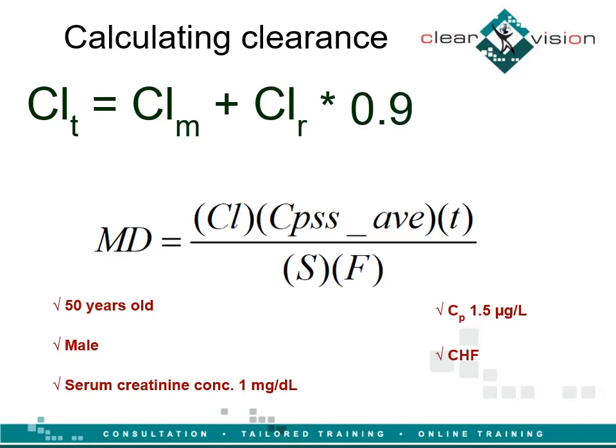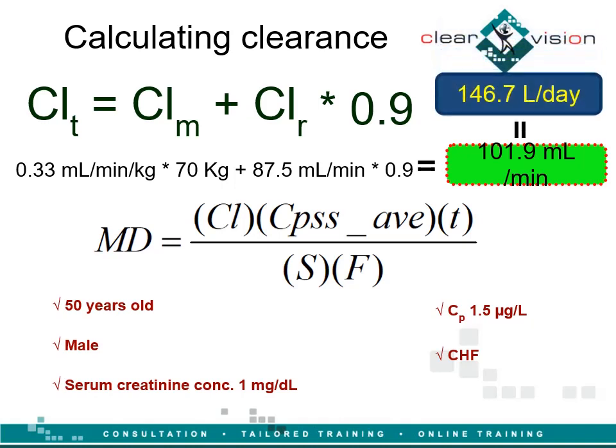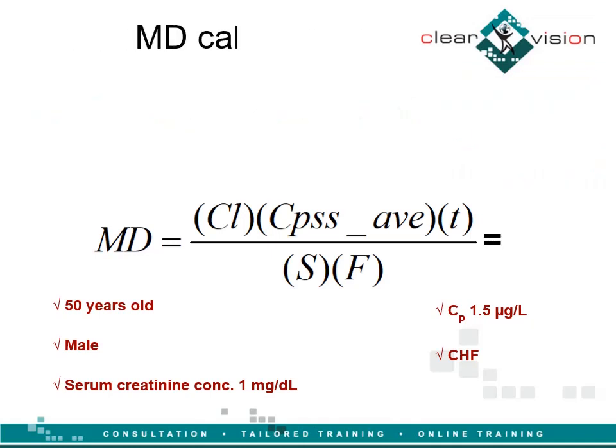The metabolic clearance of digoxin equals 0.33 ml per minute per kg, multiplied by 70 kg, the weight of the patient, plus 87.5, the creatinine clearance, multiplied by 0.9, and that equals 101.9 ml per minute, which is equal to 146.7 liter per day.